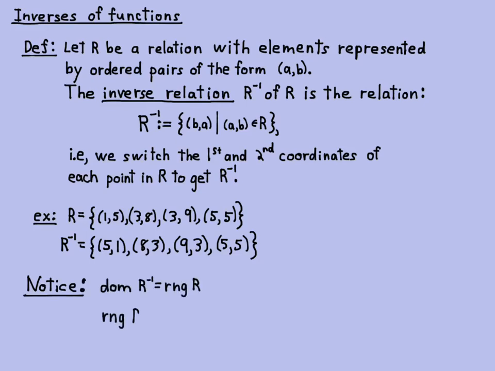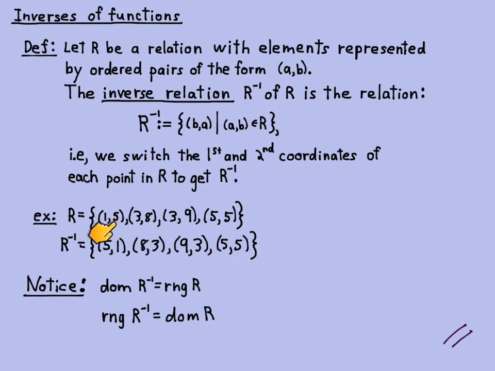Now notice when I do this that the domain of R inverse is the range of R, and the range of R inverse is the domain of R. In other words, the range and domain are switched when you go from R to R inverse or from R inverse to R. Remember the domain is the set of all first coordinates. With R, it's 1, 3, 5, and the range of R inverse is 1, 3, 5.